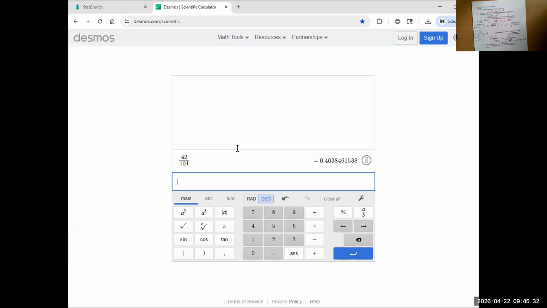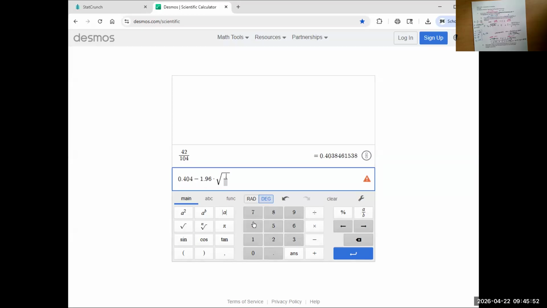And so very briefly, just looking at that lower limit, let's say we go to our Desmos calculator and calculate with the rounded values for my p hat, 0.404 minus that z-score, 1.96. The negative is taken care of already, so I just put the numerical value at 1.96 times the square root, and we make a fraction inside, right? That's saying 0.404 times, now parentheses, 1 minus 0.404.